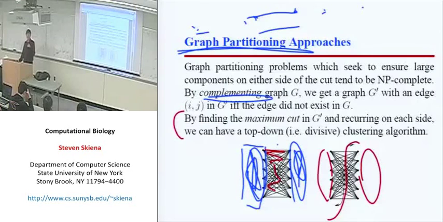Any questions? Yes? So in the first case, when you are cutting only one node, because it has only few edges, when you take the complement, that node will have the most number of edges. So now that would have a lot of edges. You're right. And then wouldn't the same node be cut off in the complement as well? Well, suppose we have a vertex that had a low degree before.